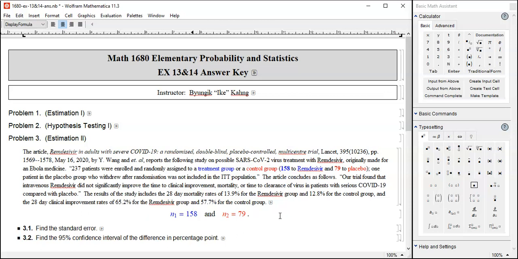The result of the study includes 28-day mortality rates of 13.9% for remdesivir, and 12.8% for the control group.